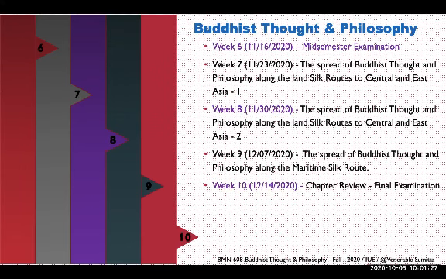In week 6, we'll have the mid-semester exam. Week 7, we'll cover the spread of Buddhist thought and philosophy along the land Silk routes to Central and East Asia, part 1, and it will be covered in the following week, week 8, as part 2.